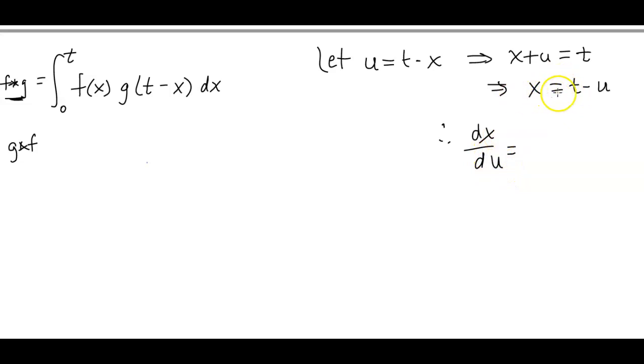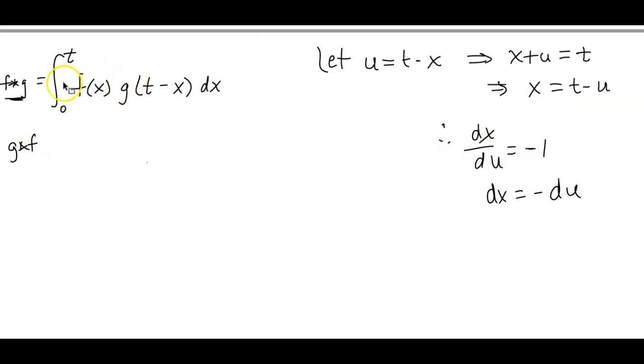And so if I take the derivative of x with respect to u, then of course t is acting like a constant, so that just goes to 0. And the derivative of minus u is just going to be minus 1. So dx is minus du. Okay. So once we have all that, I can just go in and substitute everything that I have here.